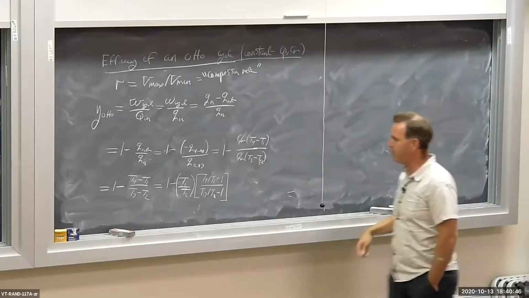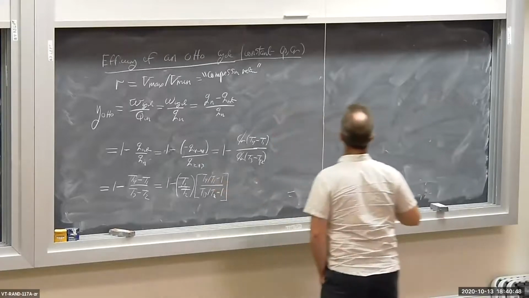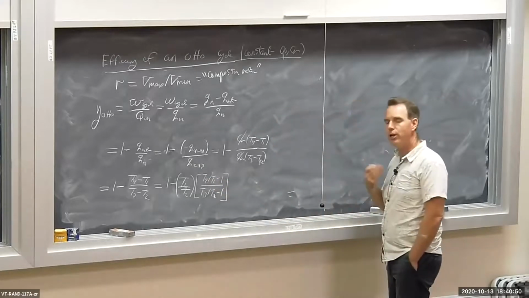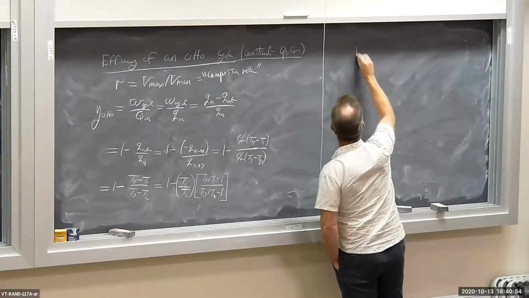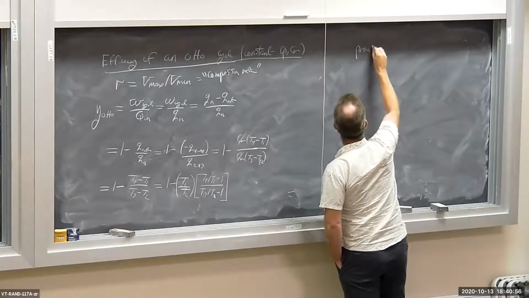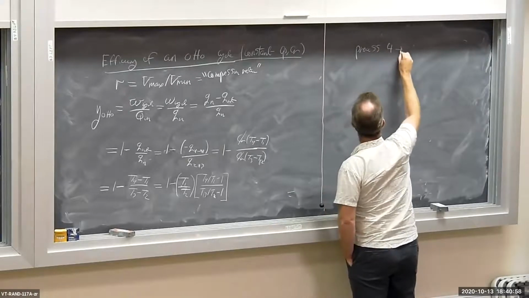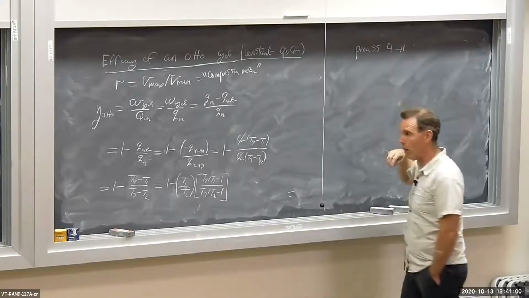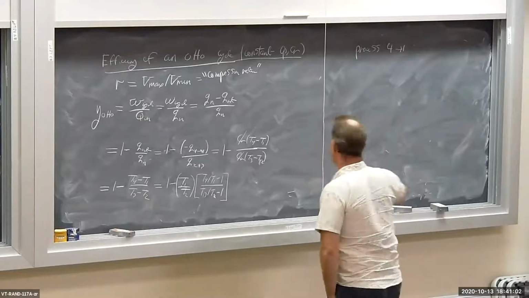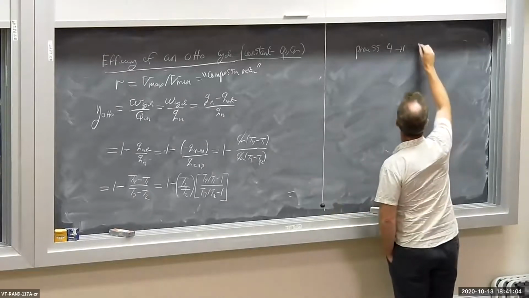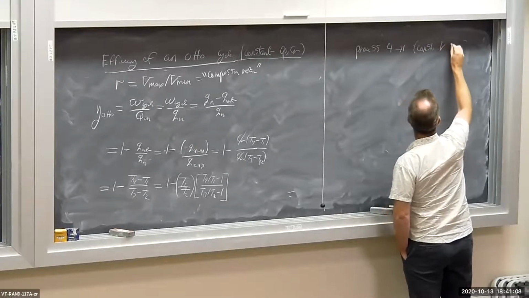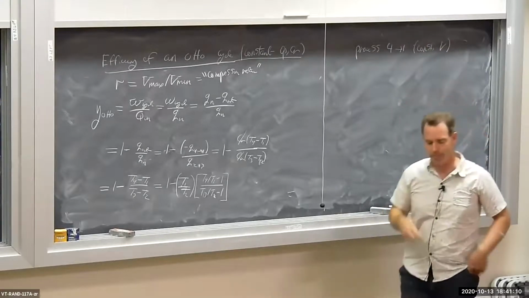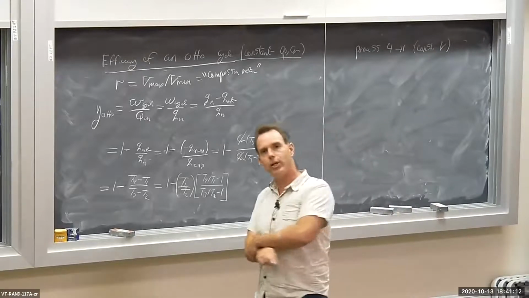Let's look at the temperature ratio T4 over T1. Let's look at this process 4 to 1. Again, 4 to 1 is a constant volume heat rejection.